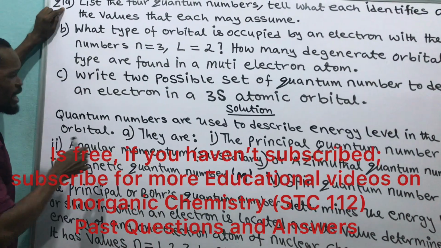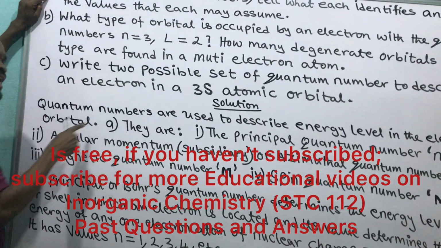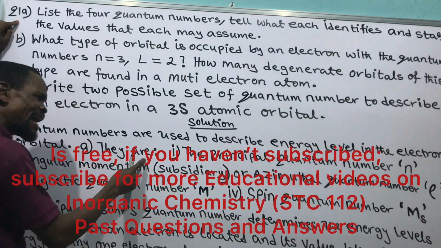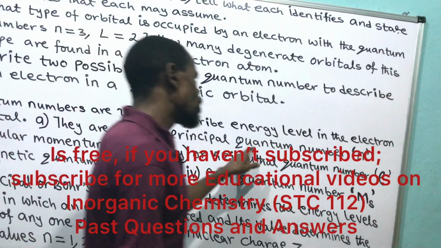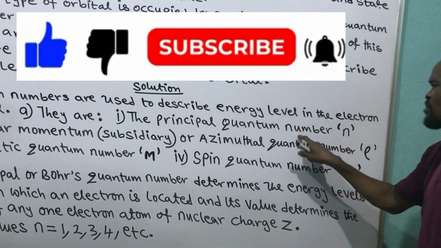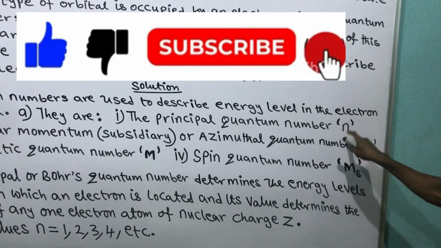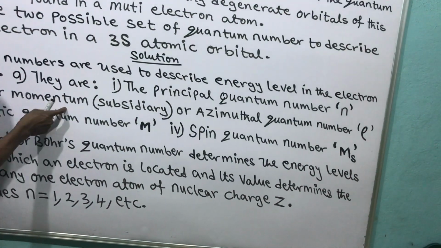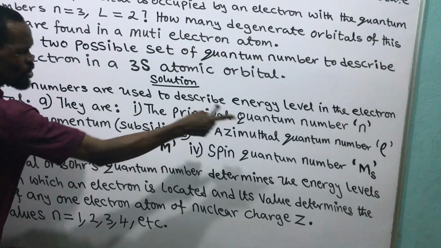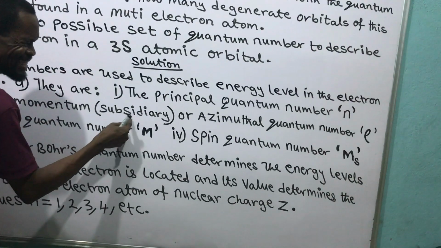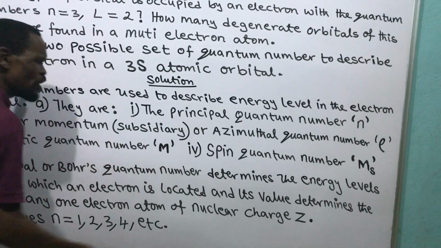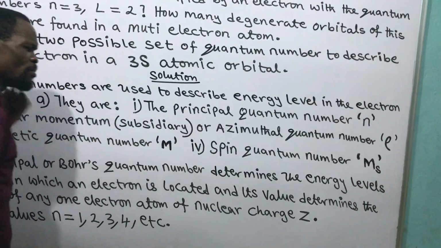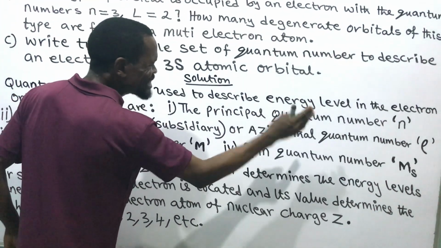I start from question 1A, where they said list the 4 quantum numbers. The first is the principal quantum number, which is denoted by n. The second is the angular momentum quantum number, or subsidiary quantum number, or azimuthal quantum number.